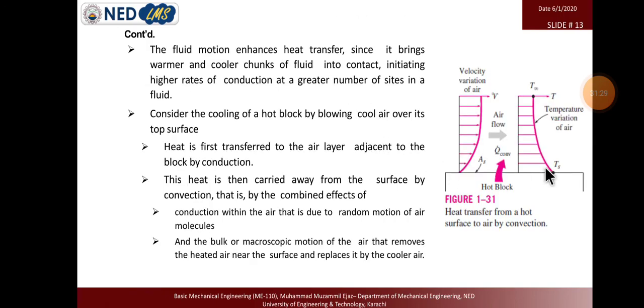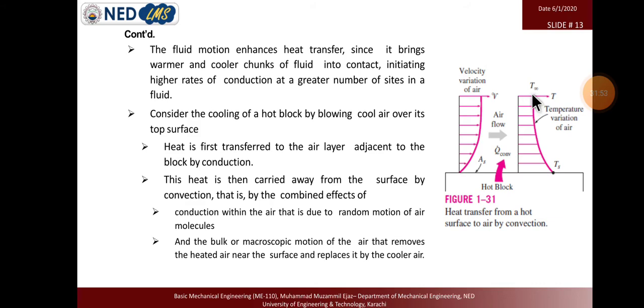Yes, this picture represents this problem. What should be the T infinity? If we take this, you can see that below the hot object, the surrounding air has a higher temperature. As we move above, the temperature becomes lower, and at a certain point the temperature becomes constant.